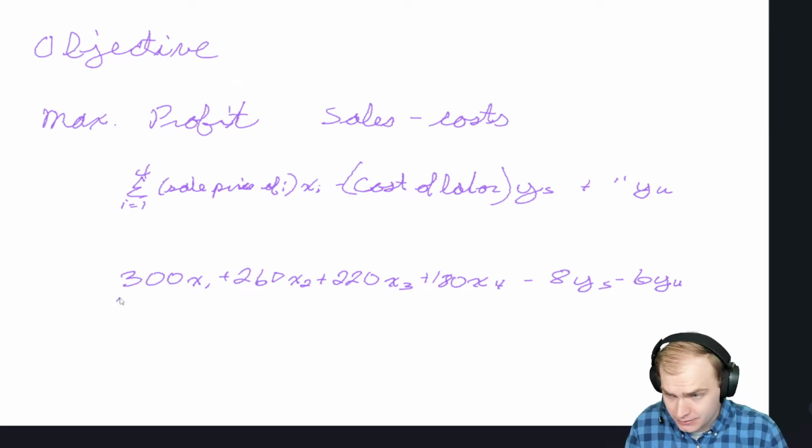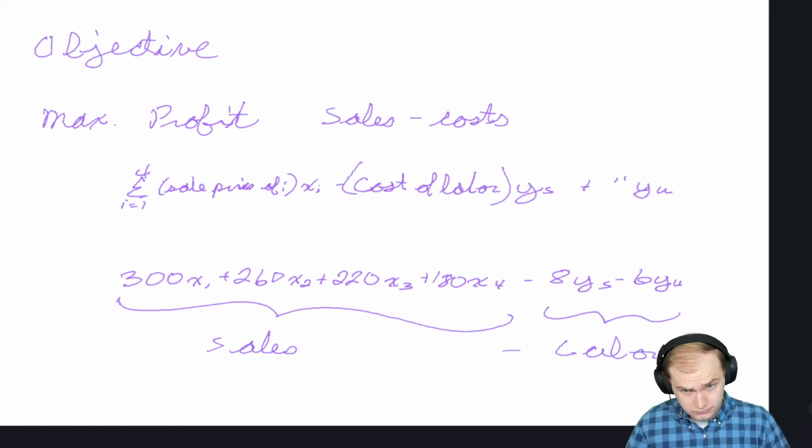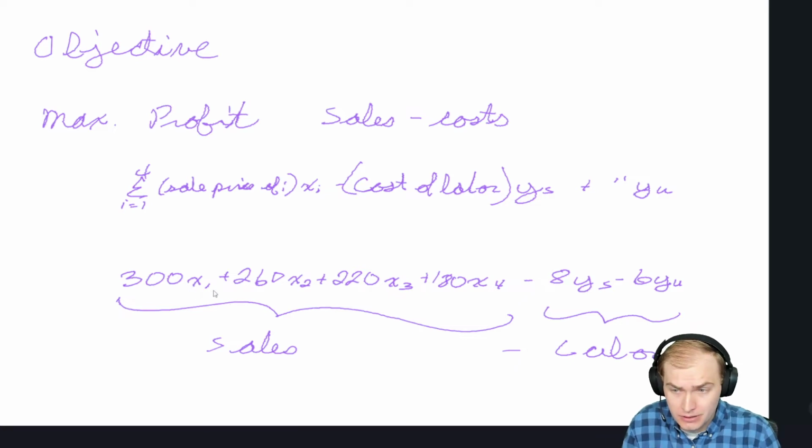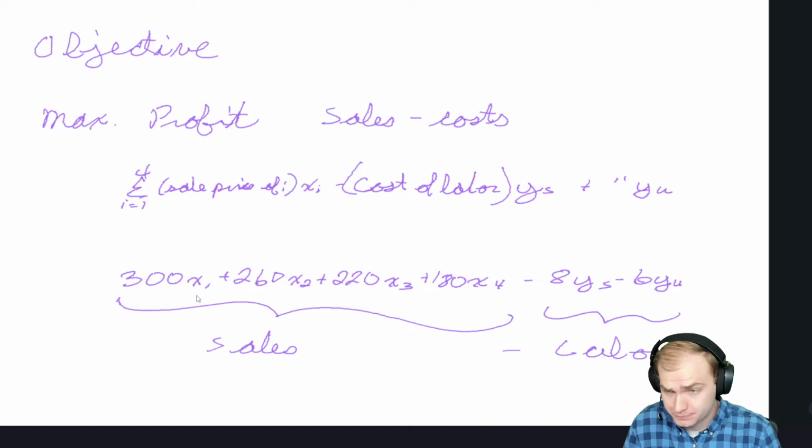So this is, of course, sales minus labor. For every product they produce, we're assuming that they can sell everything that they actually produce. For every product 1, they make $300.